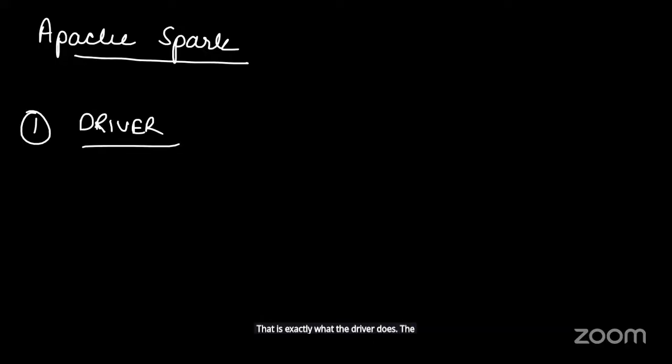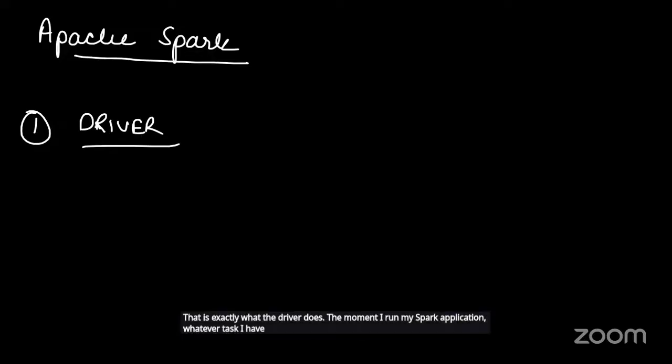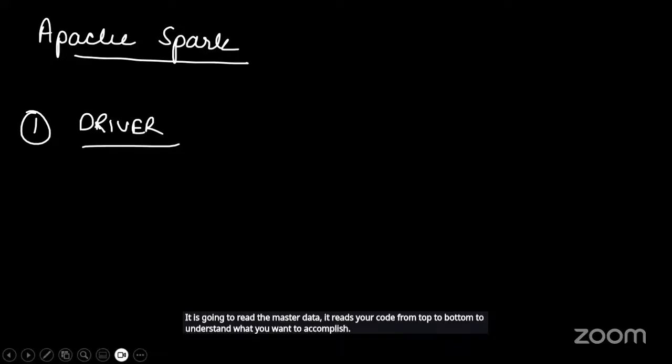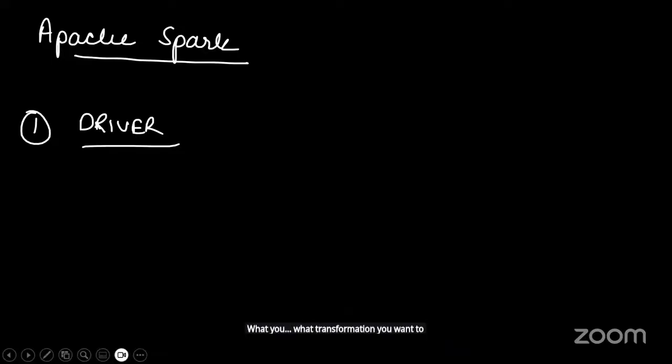The moment I run my Spark application, whatever task I have at hand, the driver program, all right, it's the main program that is going to run that. So it's the driver program that is going to run my Spark application, the head chef. It reads your code from top to bottom to understand what you want to accomplish, what transformation you want to do.